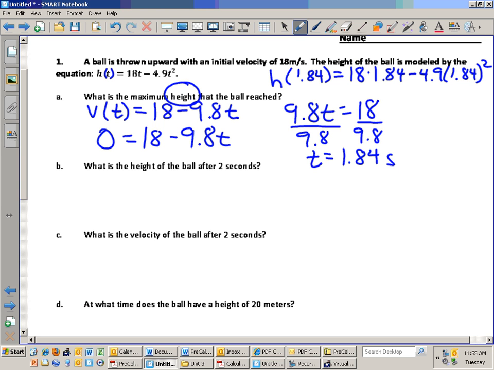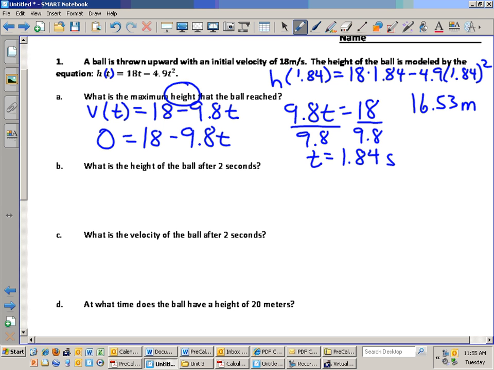Does somebody have that result? 16.53? Okay. So 16.53 meters would be the maximum height, and it reaches it at a time of 1.84 seconds.